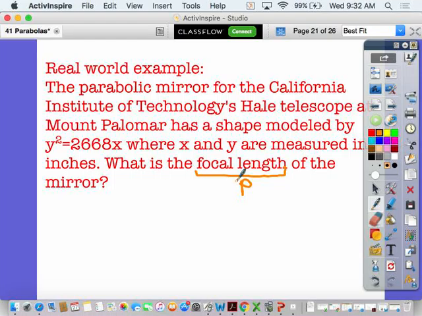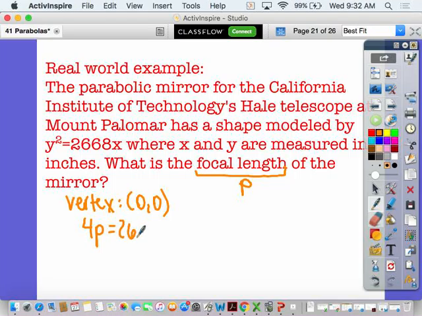Now, what is the vertex in this problem? (0, 0). You know that because there's no additional y minus anything or x minus anything. So your vertex is at (0, 0). And you're trying to find P. How would I find P? Divide what number? Exactly.